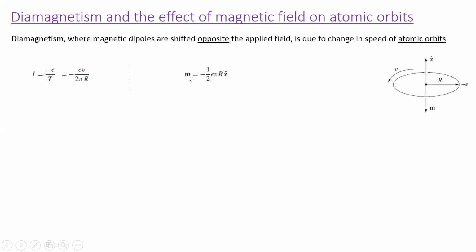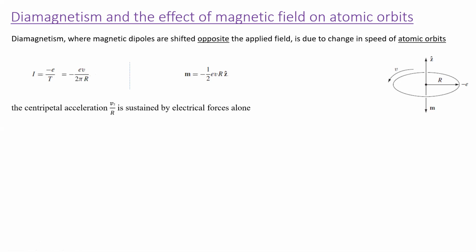The magnetic moment is therefore going to be the current times the area, and the area is pi r squared. If we multiply this, the pi cancels and one of the r's cancels, and we get minus 1/2 e v r z hat as the magnetic moment of the electron circling around.